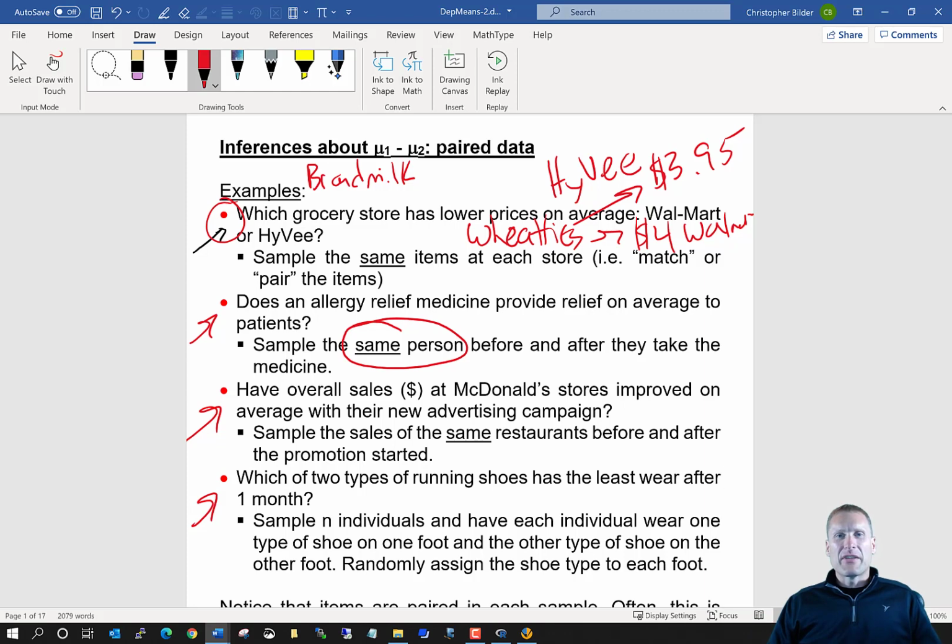After running for a month, with periodic runs in them, you measure how the tread has degraded over time. Since the same person is used for the two types of shoes, the brand 1 population and the brand 2 population, you have essentially paired the observations of tread wear, and thus you have dependent samples.